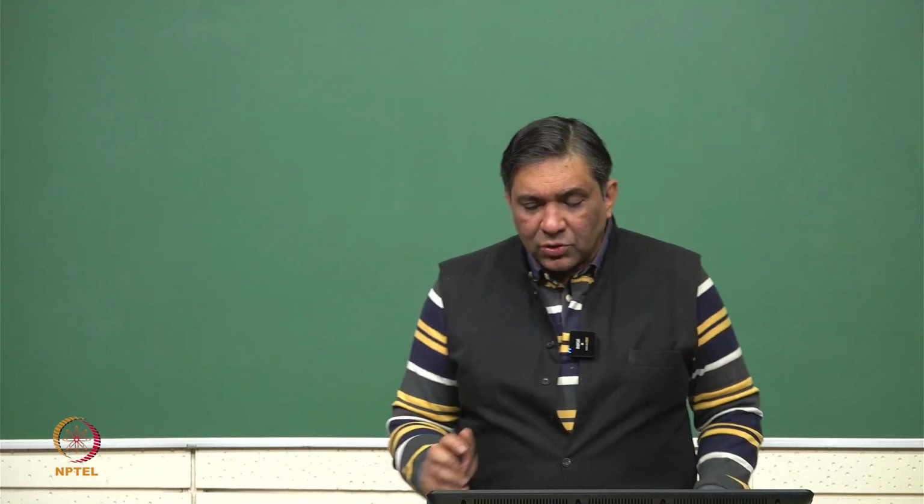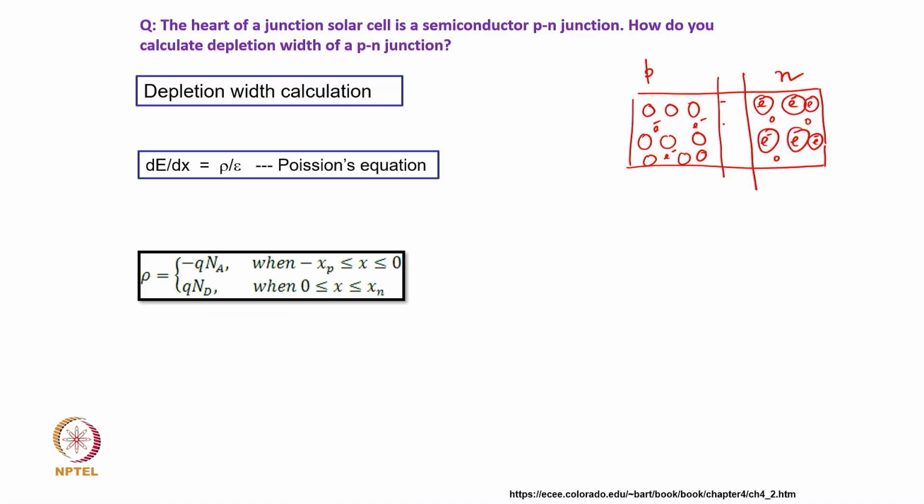So, we know that on this side it is negative and on this side it is positive, of say width d or w.